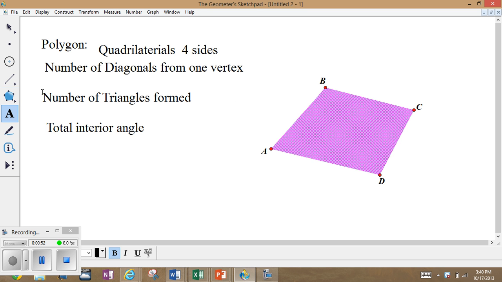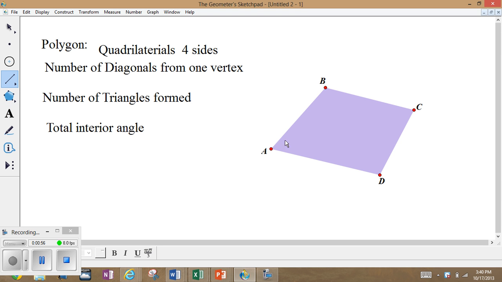From any one vertex, we can click the segment tool and draw the diagonals. From one vertex, as you can see, all I can draw is one diagonal. Now the diagonal has separated that quadrilateral into 2 triangles, and of course we know that each triangle has 180 degrees.